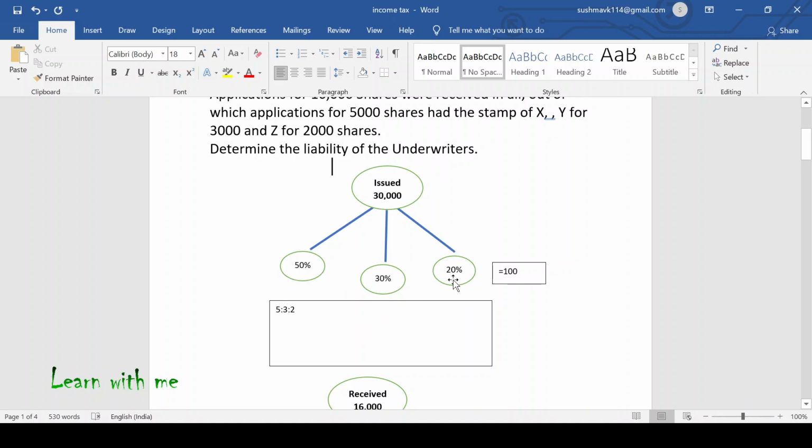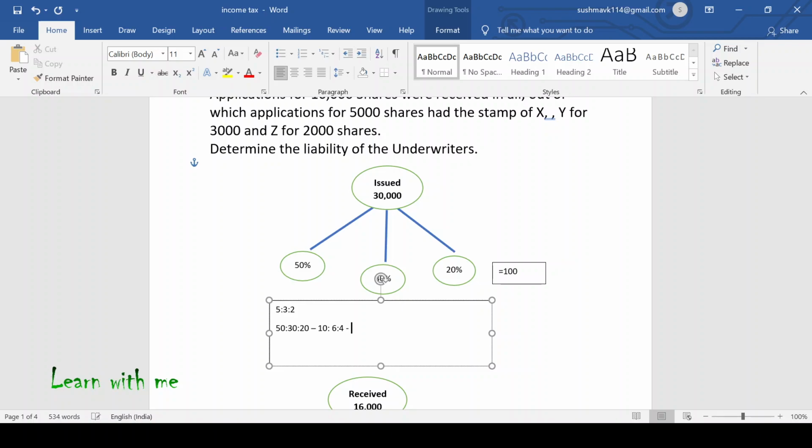Now, if you want to convert this 50, 30, 20 into a ratio, it is very simple. Remove all the zeros. What will be remaining? 5 is to 3 is to 2. Or else, if you have a doubt, you can also do 50 is to 30 is to 20. Now 5 tens are 50, 5 sixes are 30, and 5 fours are 20.